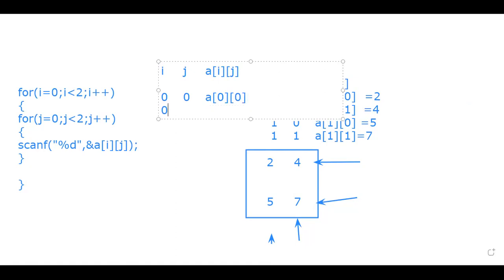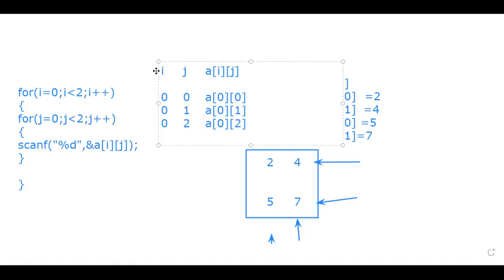And next one, 0, 1, a of 0, 1. Next one, 0, 2, because less than 3 means up to 2. Now it is completed.